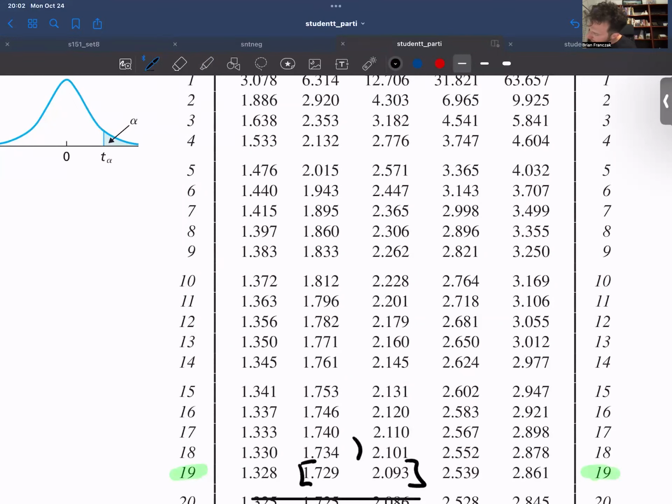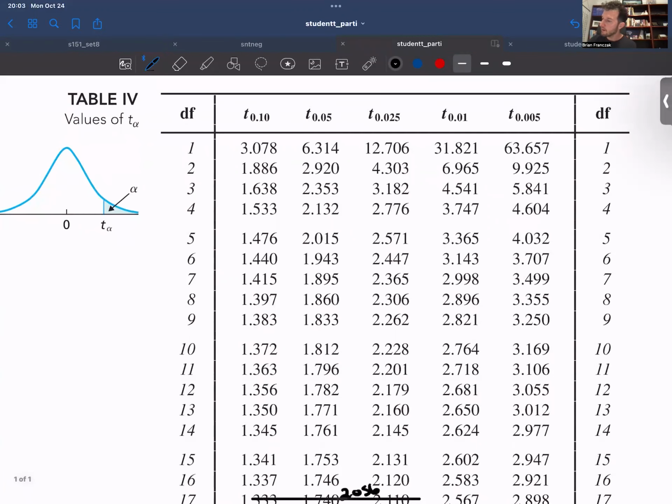2.056 is in between 1.729 and 2.093. Okay, so that means that the area that I'm interested in is between 0.05 and 0.025.